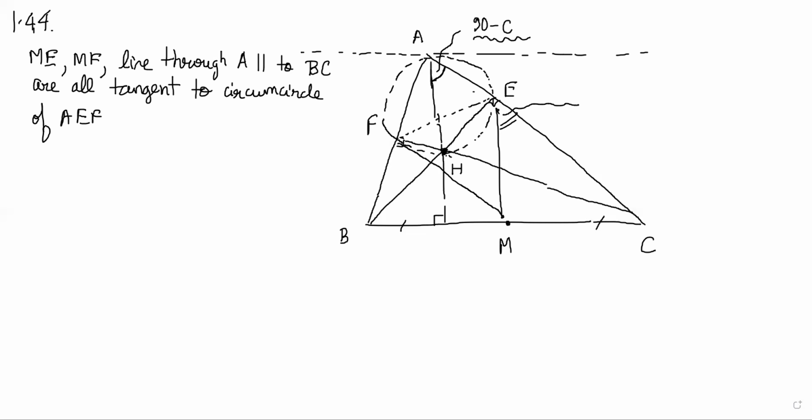That H lies on the circle. I'm not sure if we can, okay. It feels like it should lie on the circle, right? Looks like it lies on the circle. So maybe we should try that.